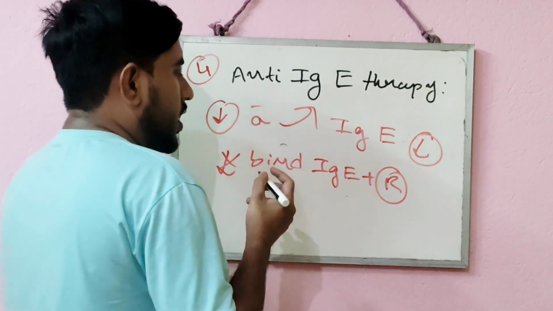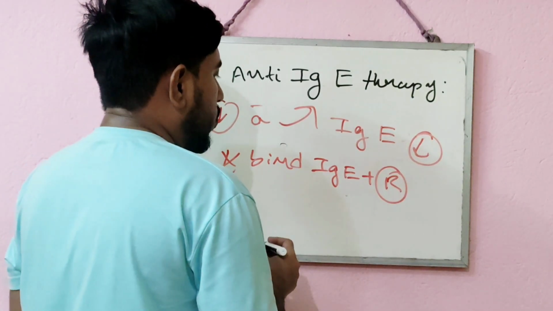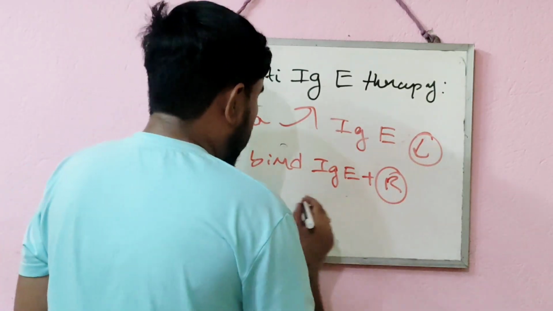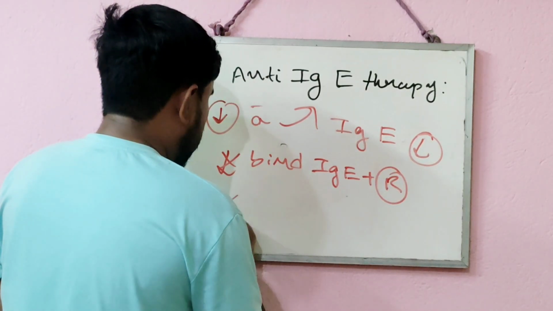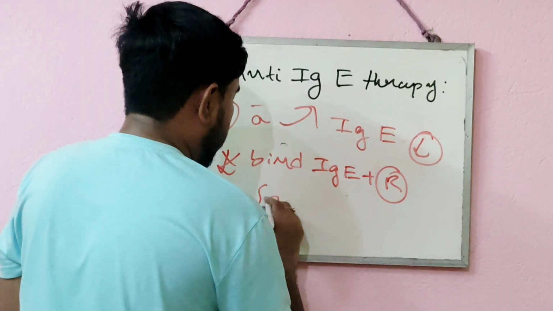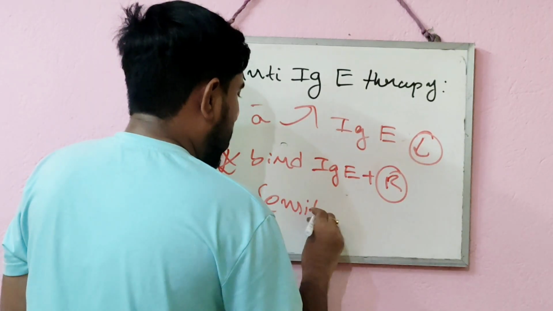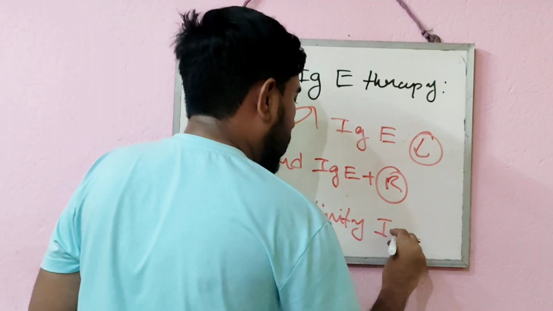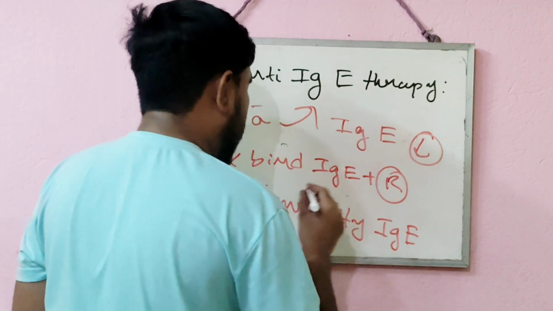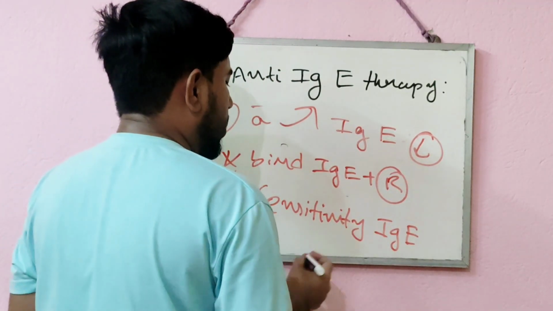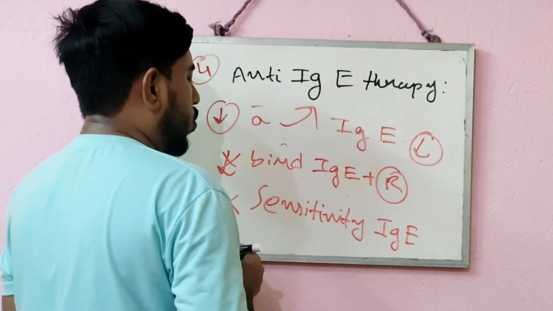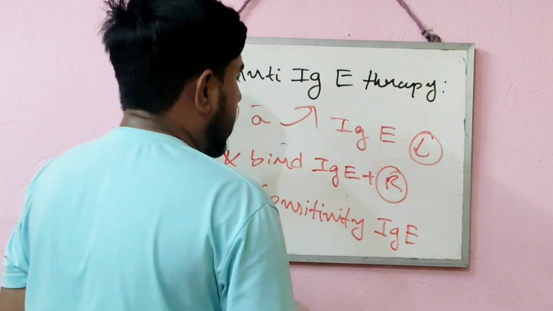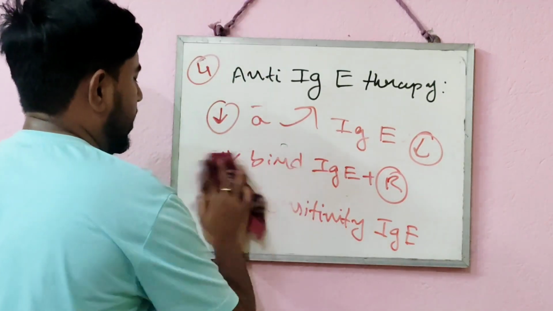Due to the inhibition of binding with the receptor, there is less sensitivity of IgE against the antigen. So due to that less sensitivity, it is going to show suppression in immunity, so that IgE can't show its action against that antigen.